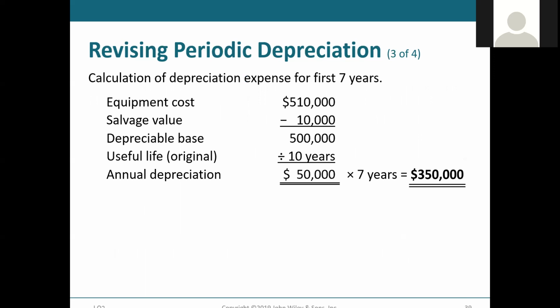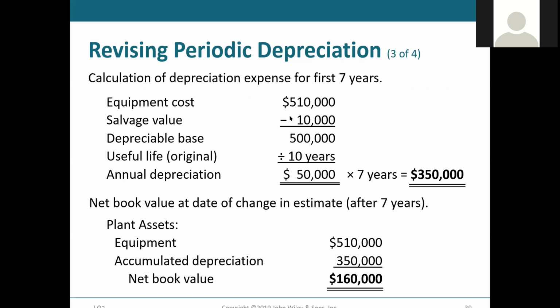So let's take a look. We had an original asset. We paid $510,000 for it. The salvage value is 10. We've been depreciating it for 7 years, right? So the net book value has gone down to $160,000. You see that, Derek?